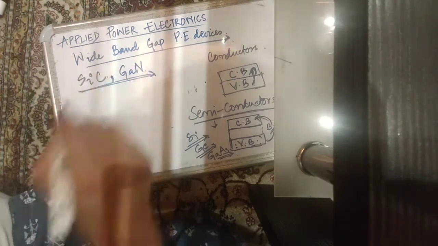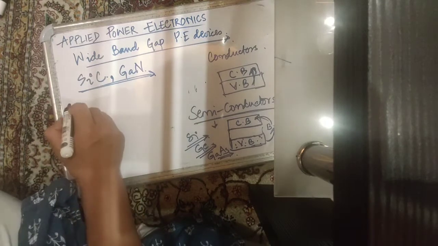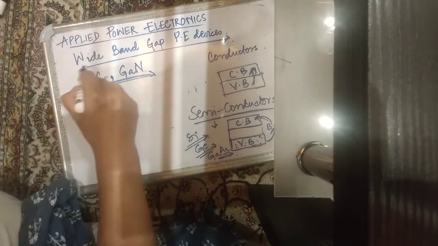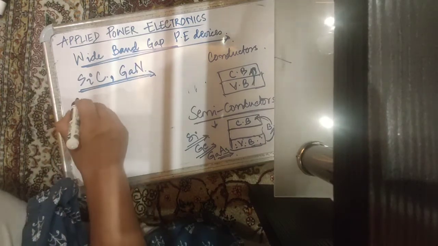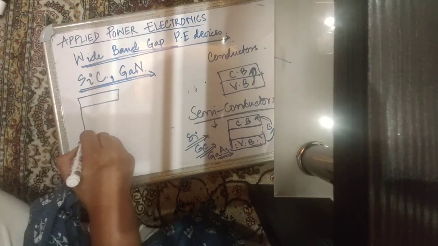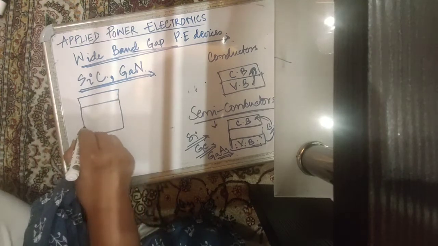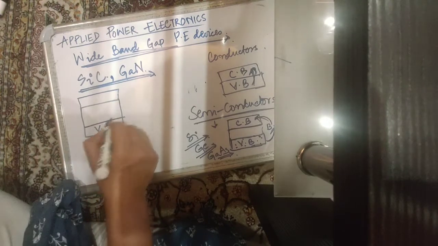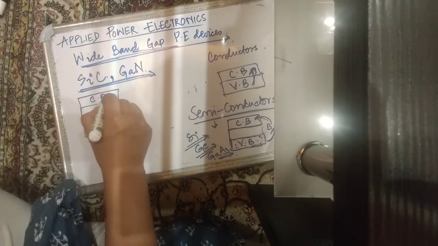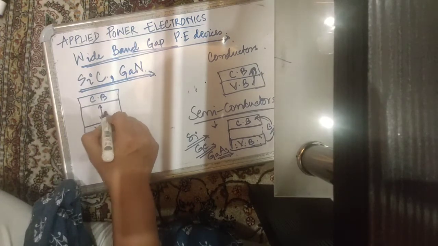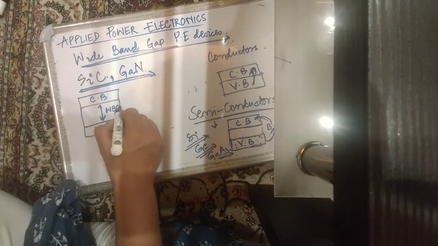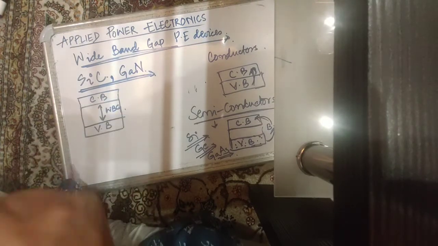Now, they show an interesting property that जो आपके wide band gap power devices हैं, silicon carbide और gallium nitride, they have a wider band gap as compared to conventional semiconductors. So this is your valence band, this is your conduction band, and they have a wider band gap. They are also called WBG devices in short.